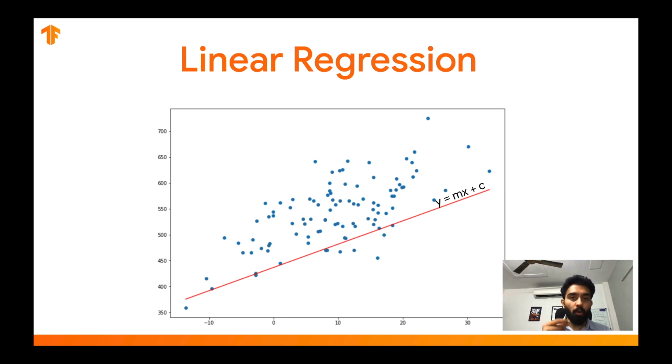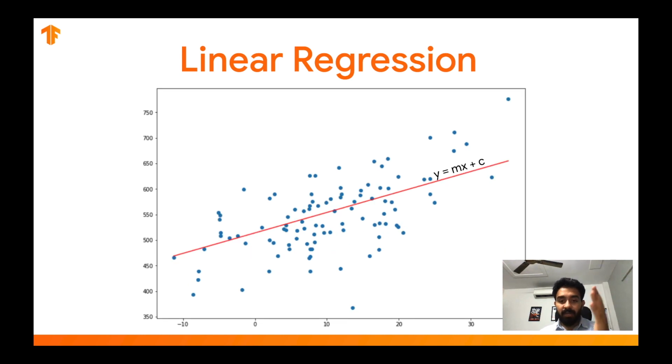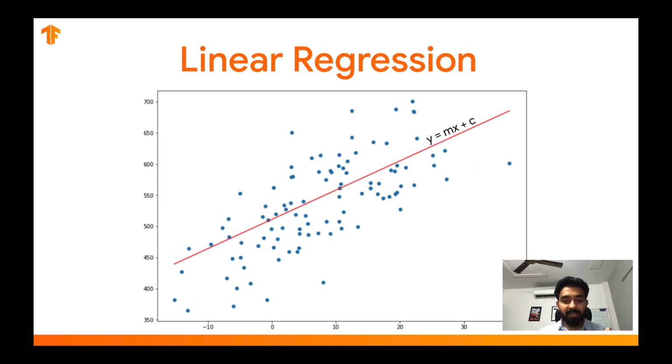So what we are trying to do in a linear regression model is get to the best possible values of m and c, where our model would converge and we'll reach the best fit line. For example, here, let's say this is the first line, which is y equals mx plus c. Then the model learns and gets to a better stage, and then it tilts again.